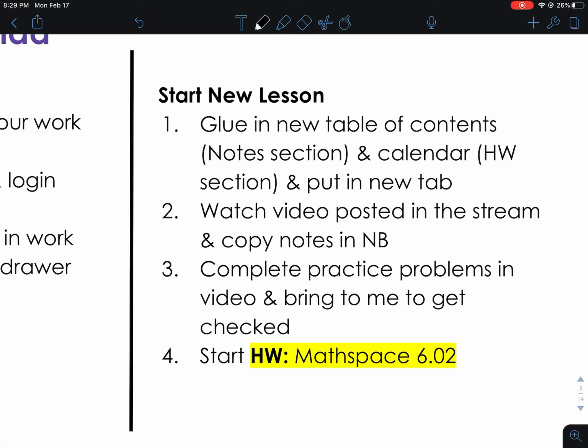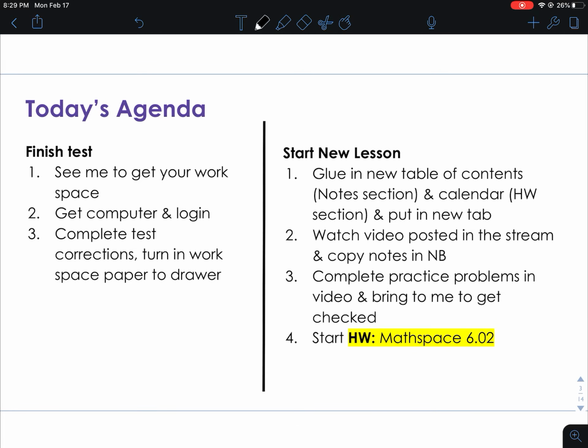Everything I write on the notes slide, please make sure you copy in your notebook. After this video is done, you're going to complete a couple of practice problems, so you can pause the video right at the end. Bring it to me to get checked, and as long as they look good, you can ask any questions if you have any. You're going to start your homework, which is Math Space 6.02, multiplying rules of exponents.